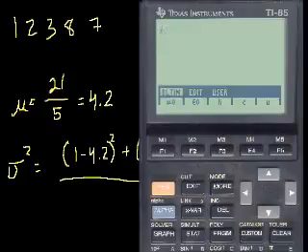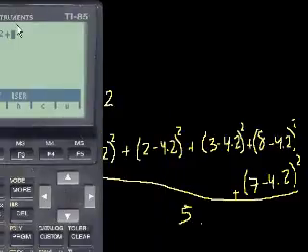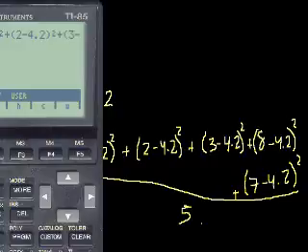So I want to take 1 minus 4.2 squared plus 2 minus 4.2 squared plus 3 minus 4.2 squared plus 8 minus 4.2 squared, right?